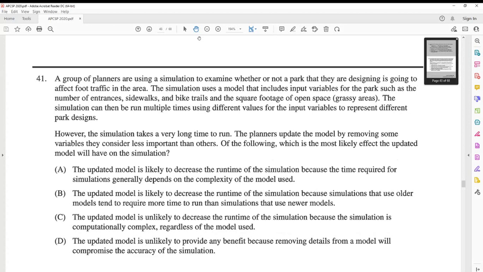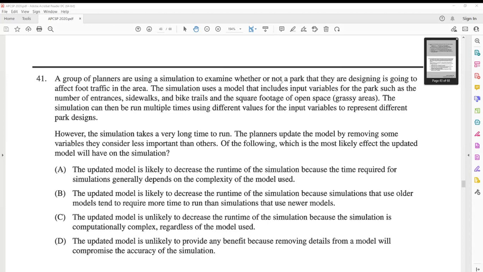So basically, you are trying to design a park, and the park may have some bike trails, some ponds, whatever. So you use parameters in a model to do the simulation. The simulation takes a long time to run. There's an older model and a newer model.